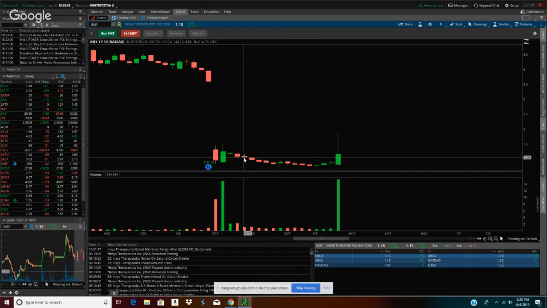You get in here at $1.07, 5 cents higher, and you set your stop at $1.02. You get stopped out. You sail out of the trade, because that's our stop.